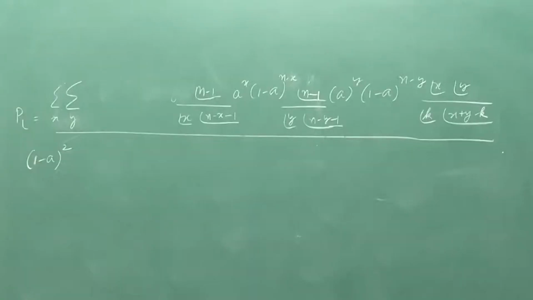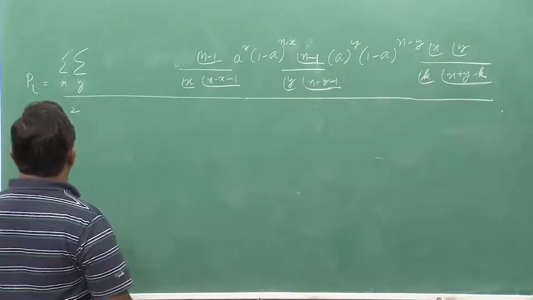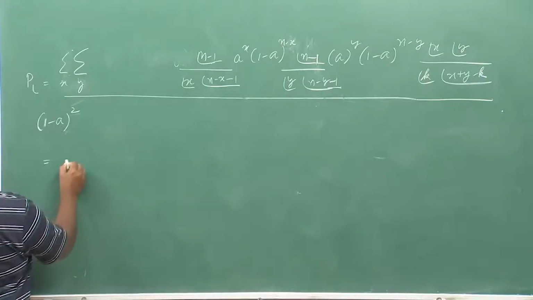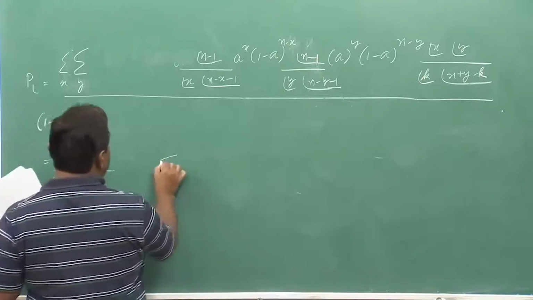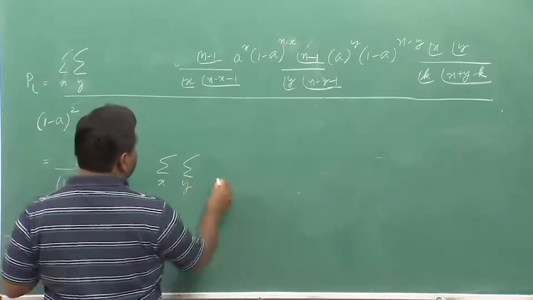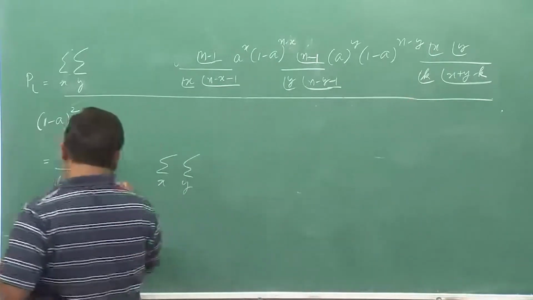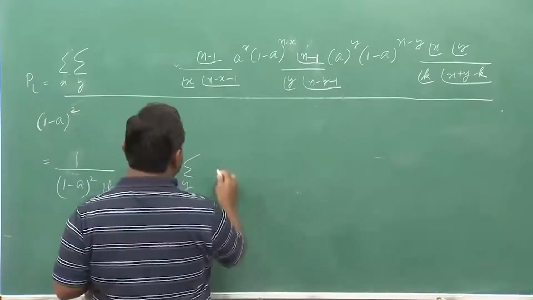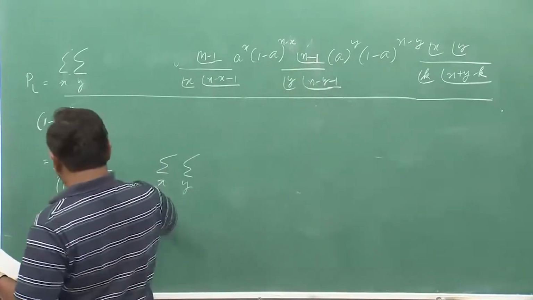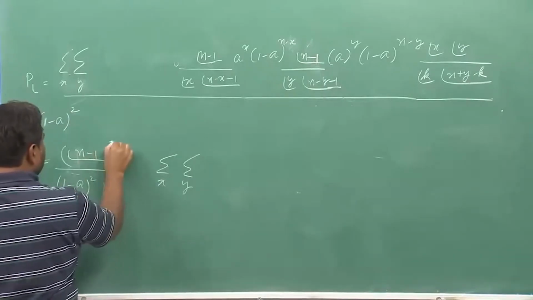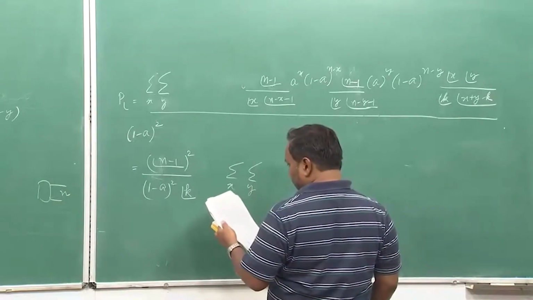Now, solving it further, out of this, writing it neatly, it will be 1 over 1 minus a square. This k factorial is independent of x and y, so this can come out, I can write it here, and rest everything I will still retain inside. N minus 1 factorial square can also come out. But rest everything has to be kept inside.